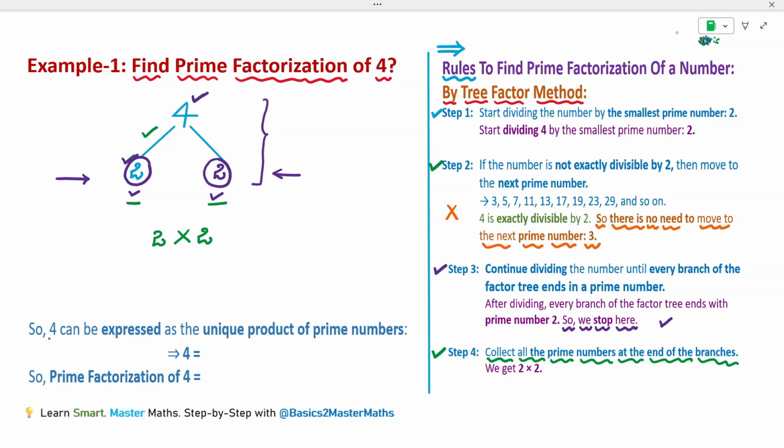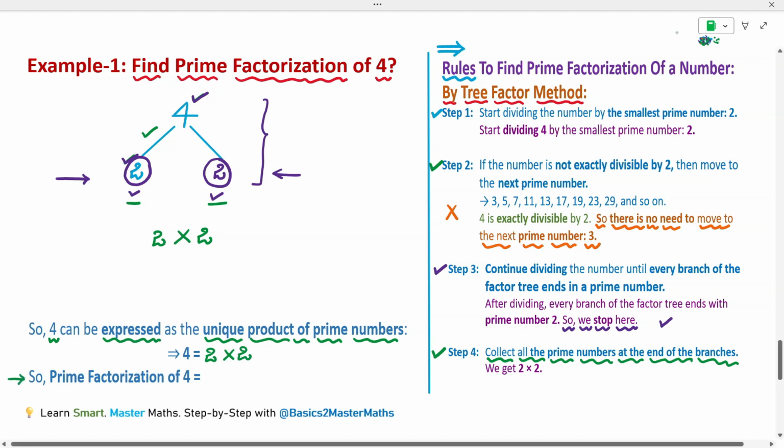So, 4 can be expressed as the unique product of prime numbers 2 and 2.